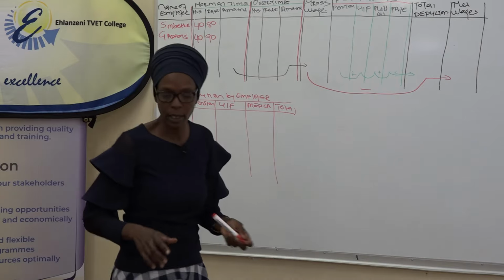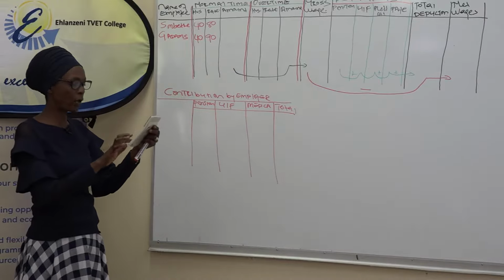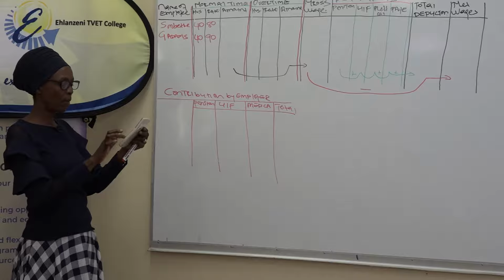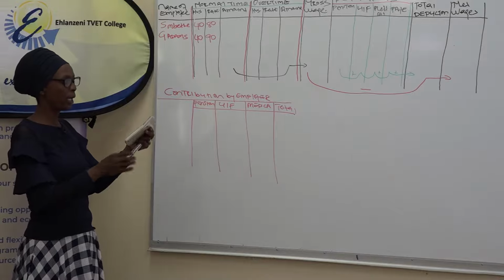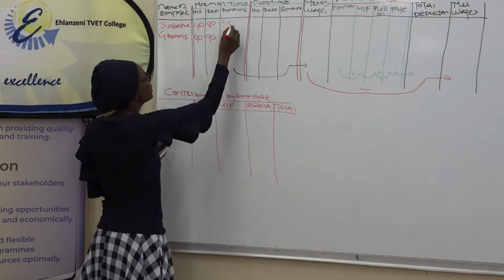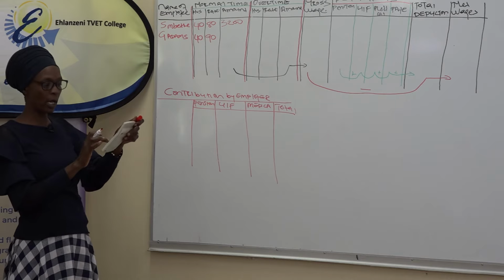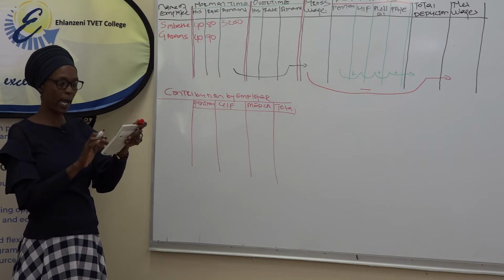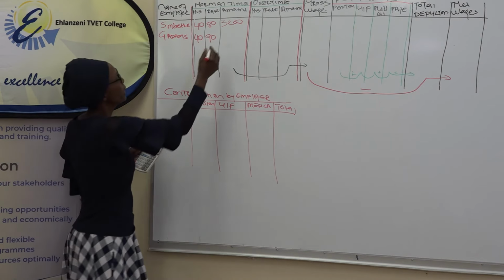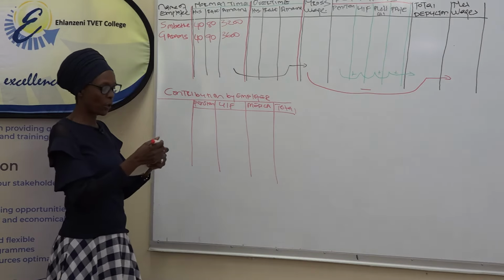Let's calculate the normal time amount for both employees. 40 hours multiplied by 80, the amount is 3,200. This is the amount for normal time. The second employee is 40 multiplied by 90. The amount is 3,600. This is the amount for normal time.